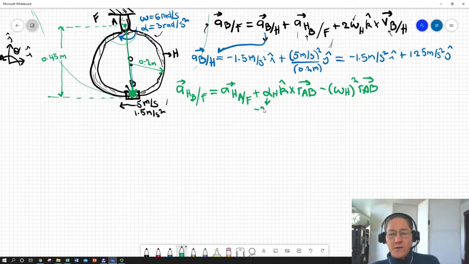So this is negative 3 radians per second squared. And the radius vector from A to B is going to be in the negative j hat, and we use this larger radius because that's basically the radius from the 2 points we care about now. So this is going to be negative 0.45 meters j hat. And then again, our omega here is our 6 radians per second.